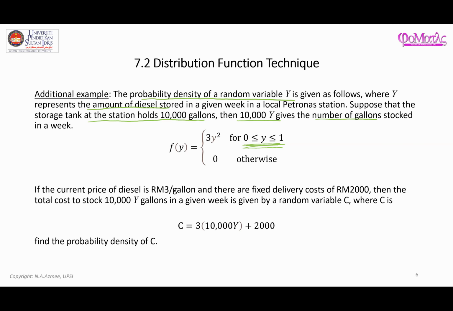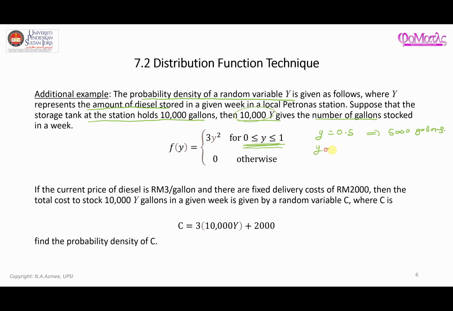So let's say y is 0.5, therefore the amount of diesel that they have at the station is going to be 5,000 gallons. So 10,000 times 0.5.